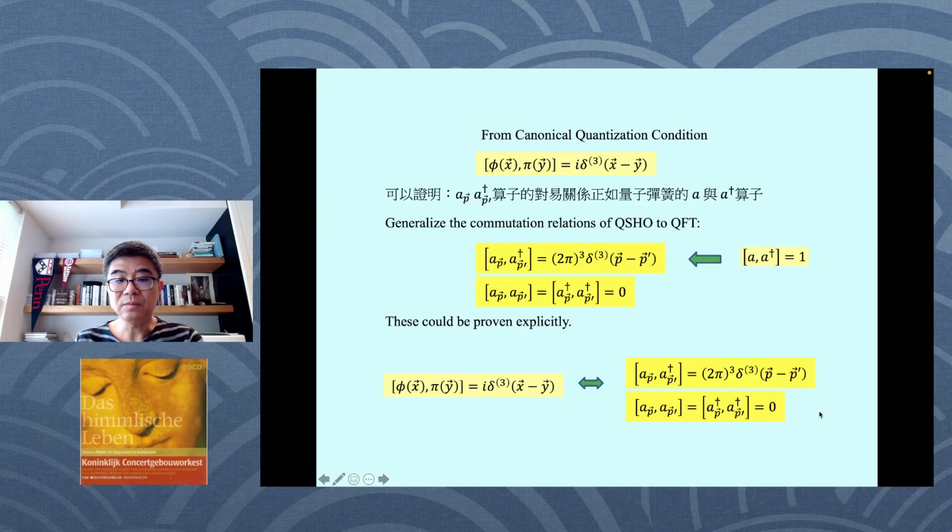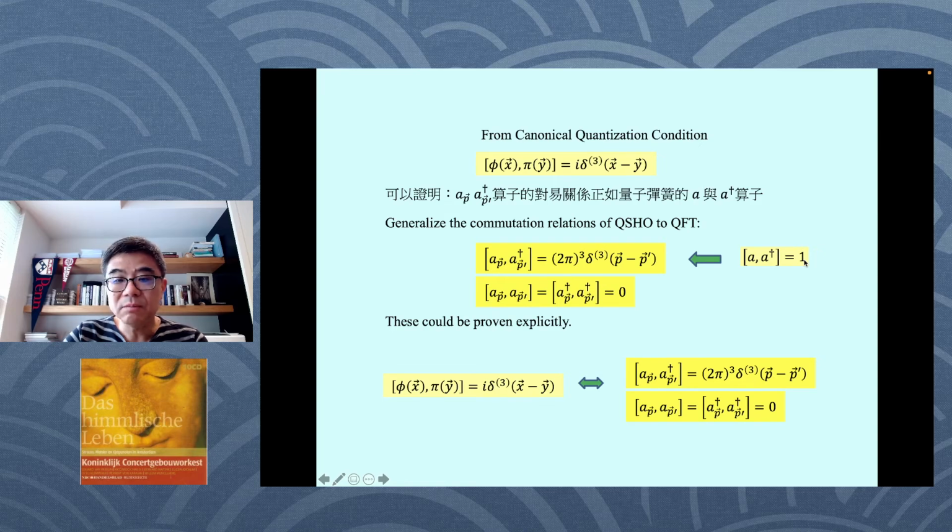So now I can right away show you the result of the canonical quantization on the commutation relation between a and a dagger. Remember, in quantum simple harmonic motion, I used the canonical quantization condition to derive the commutation relation between a and a dagger. That is, the commutator of a and a dagger is equal to 1.